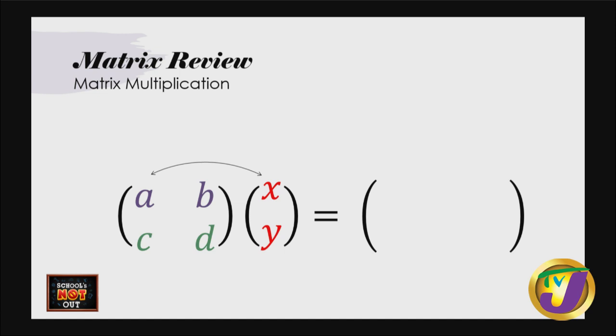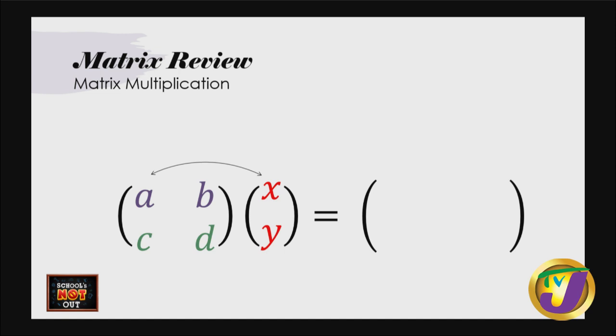All right, so let's go. In multiplying this 2 by 2 matrix by our 2 by 1 matrix, we are going to multiply the first element in the first row of the first matrix by the first element in the column of the second matrix.